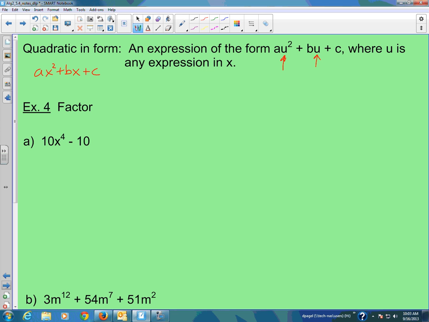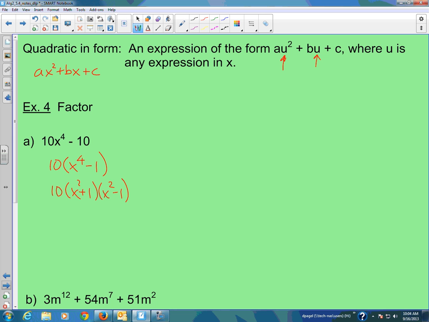All right, this very first one doesn't really necessarily fit into the quadratic in form, but let me show you how we can tackle this one. 10 is really the only thing I can factor out of this. And I get that. Then, noticing x to the 4th minus a 1. That x to the 4th is an even power, so it's a perfect square. 1 is a perfect square. So this is a difference of two squares problem. x squared plus 1, x squared minus 1.